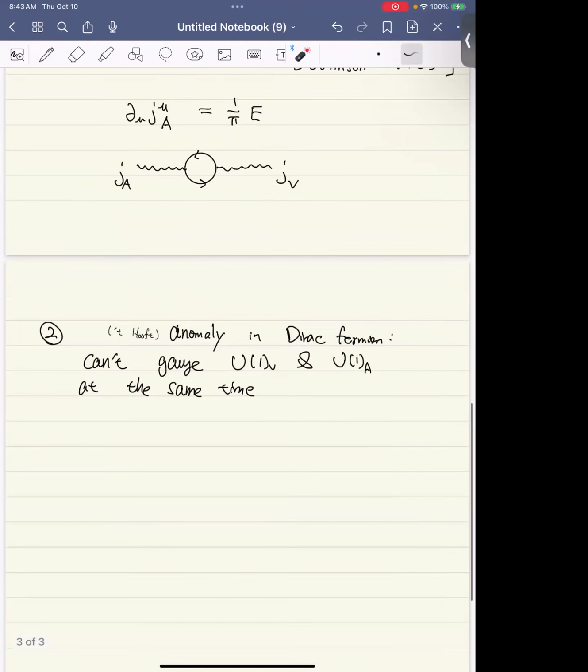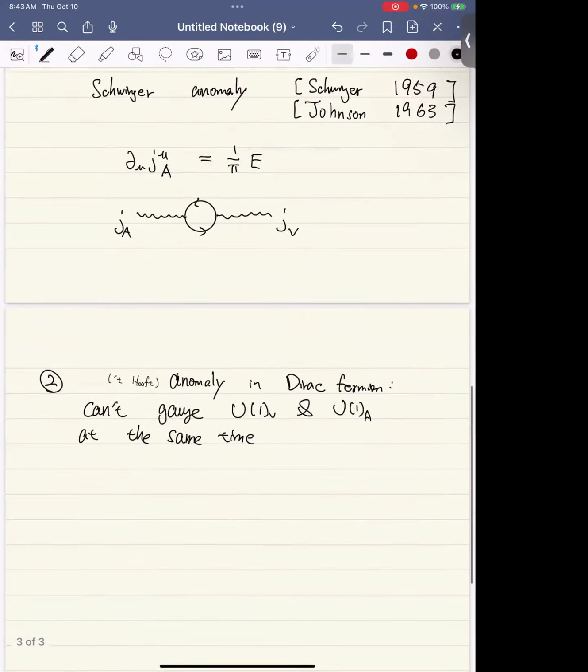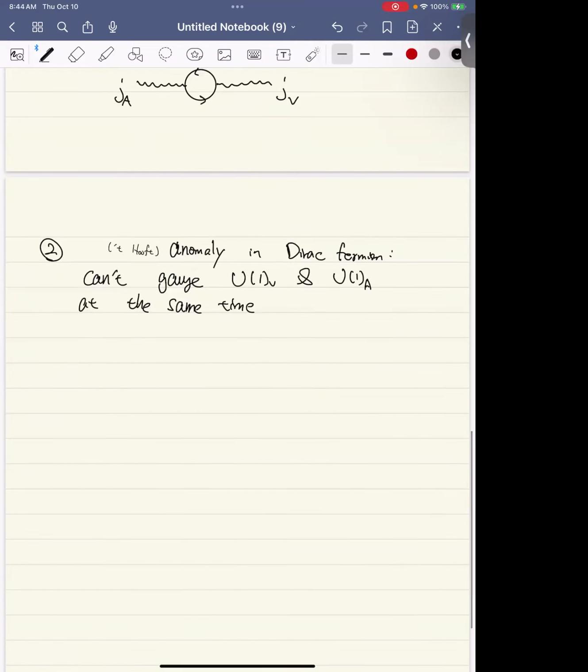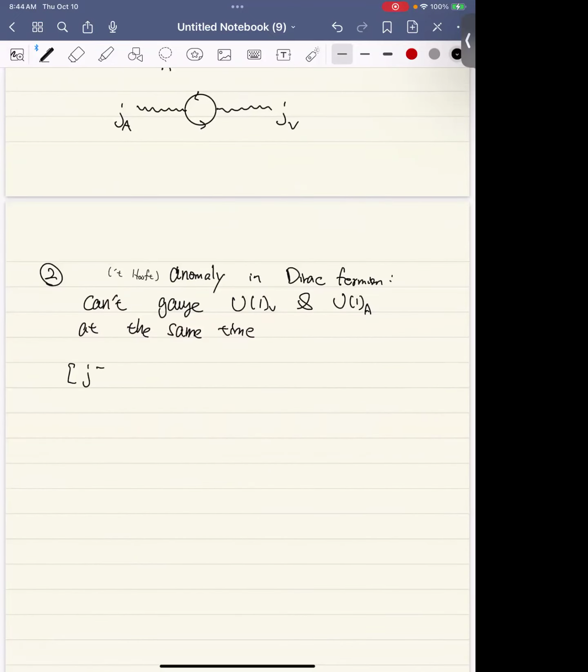And indeed, you see that if you gauge U(1)_V, you go to QED, and then U(1)_A just disappears. So these are not unrelated facts. And the way to diagnose or describe this anomaly was famously pointed out by Schwinger in 1959 in the same paper, where he found that the equal time commutator between the vector and axial symmetry currents doesn't vanish, rather it becomes a derivative of the delta function. And this is famously known as the Schwinger term.